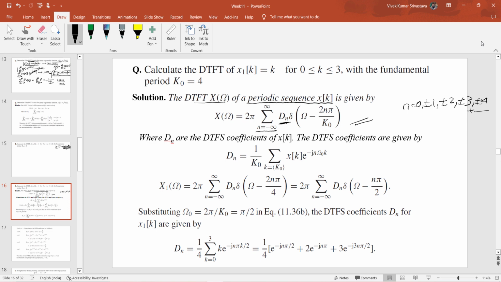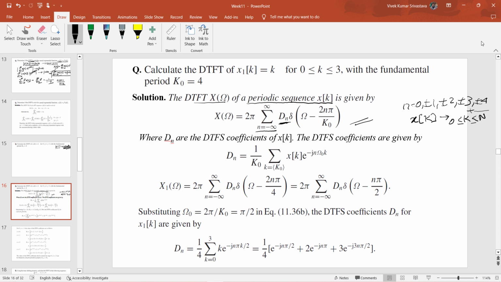But here we have to see an important property of the discrete time Fourier transform for a periodic sequence, which states that if you have a discrete time sequence which is defined for a specific period, let us say capital K, or say k naught, or you can say that this x of k is defined only for some interval that is varying from minus n to n.